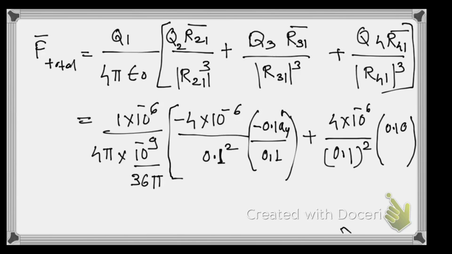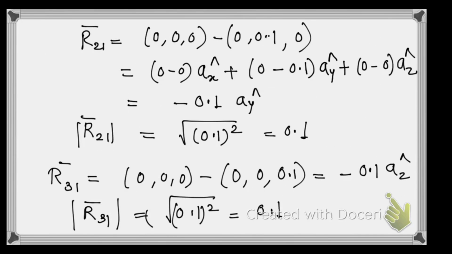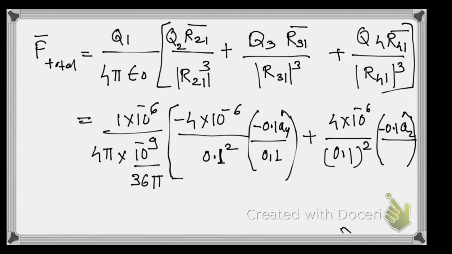So what is R31? It is 0.1 az cap, I think, right? Vector R31 is minus 0.1 az cap. So we'll put it here and divided by the magnitude, again it is 0.1.